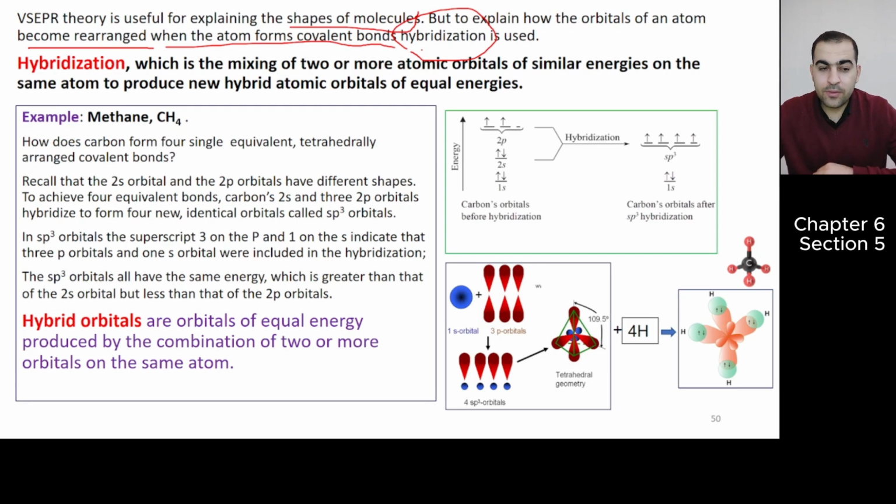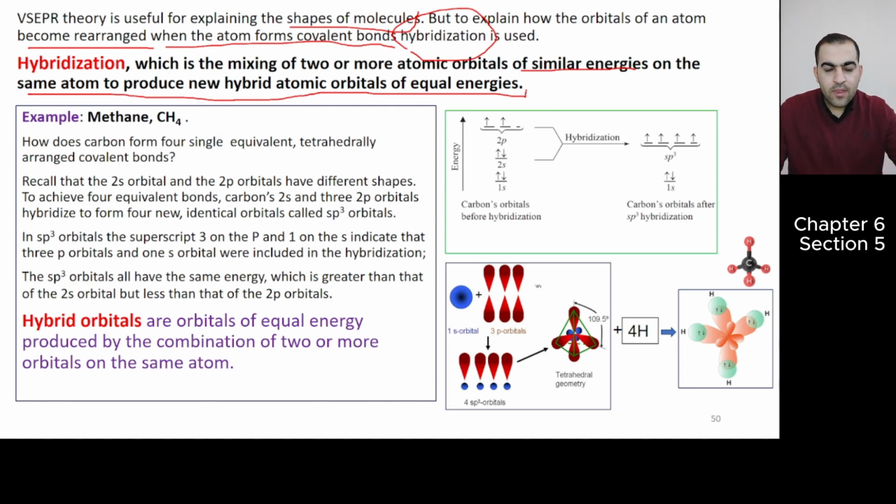What's hybridization? Hybridization is mixing orbitals of one atom, orbitals of similar energy, very close, on the same atom, to produce new hybrid atomic orbitals of equal energies.